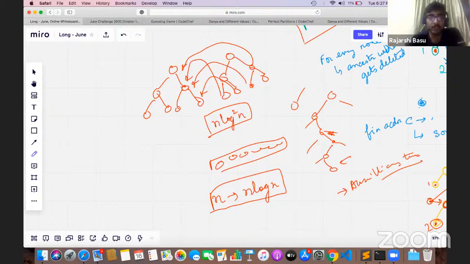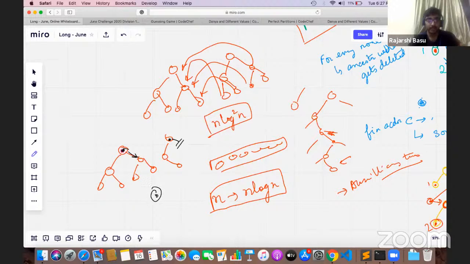So when you want to merge two segment trees, which effectively is the same as taking care of all the insertions, you simultaneously traverse both of them. Let's say you are standing here. You see that there is a right child here, but there is no right child here. Then in your new segment tree, you attach this as your right child.